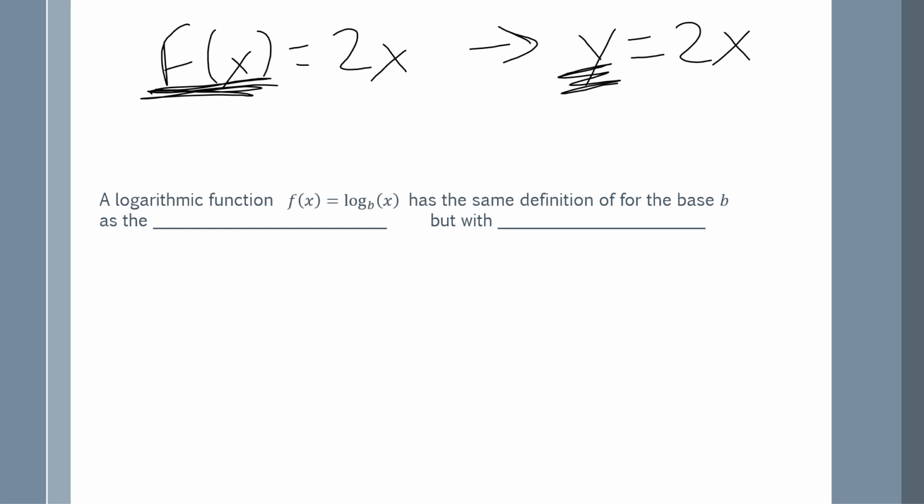Now with that being said, a logarithmic function f of x equals log base b of x has the same definition for the base b as the exponential function f of x equals b to the x, but with inverse characteristics.